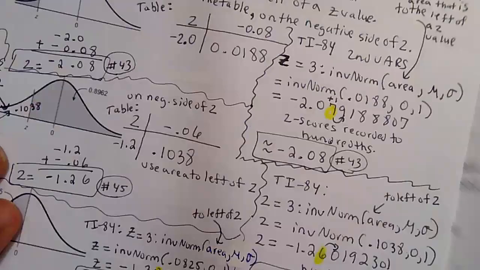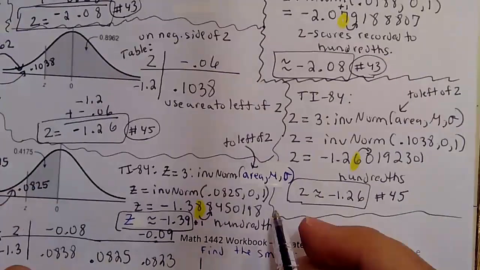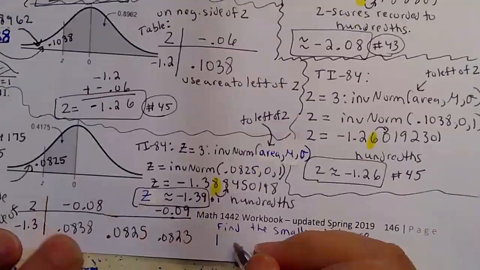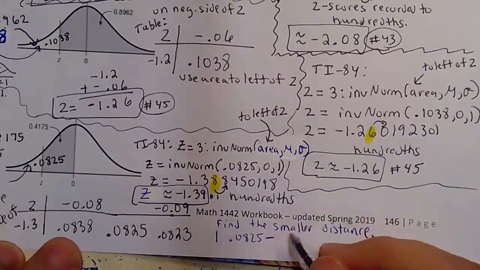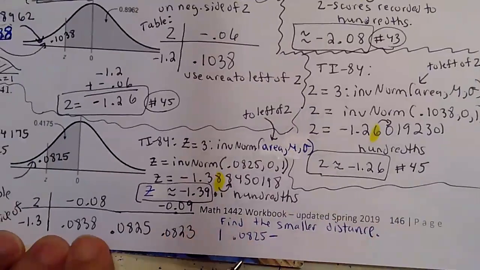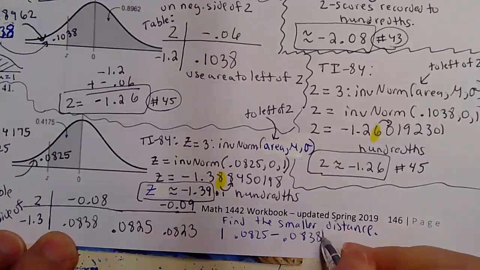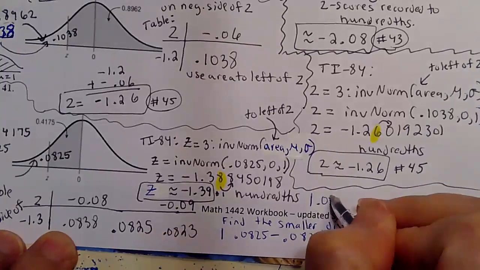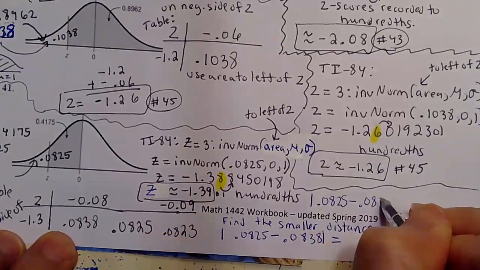So when you subtract, it's the area, which is 0.0825, and you do the absolute value, and you're subtracting both of these potentials. So it doesn't matter which one you do first. This one, and then let me do the other one over here. 0.0825 minus 0.0823.